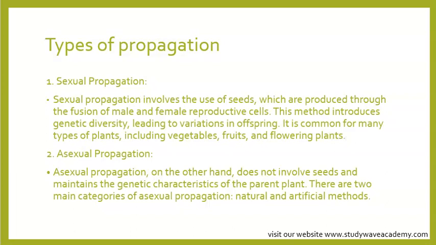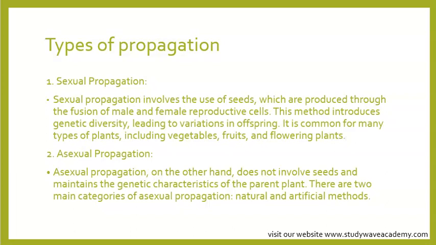The second type of propagation is asexual propagation. Asexual propagation, on the other hand, does not involve seeds and maintains the genetic characteristics of the parent plant.